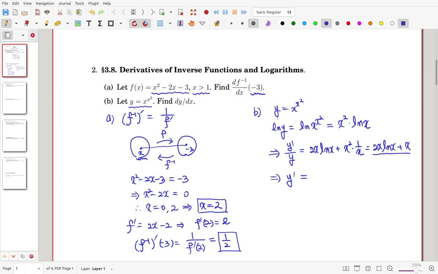What is y? y is x to the x squared. So y prime equals x to the x squared times that, and if you factor out x, you get 2 logarithm x plus 1. That's the final answer.